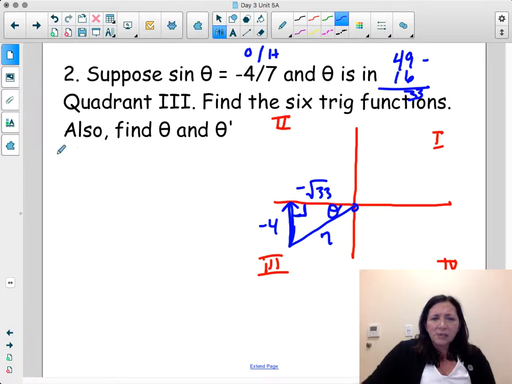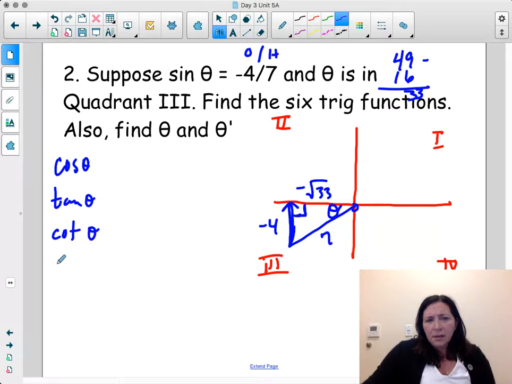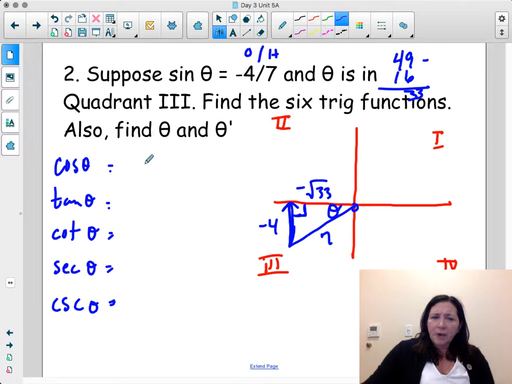So my 6 trig functions, I already have sine, are going to be cosine of theta, tangent of theta, cotangent of theta, secant of theta, and cosecant of theta. Okay, now cosine of theta is adjacent over hypotenuse, so that's going to be negative root 33 over 7.